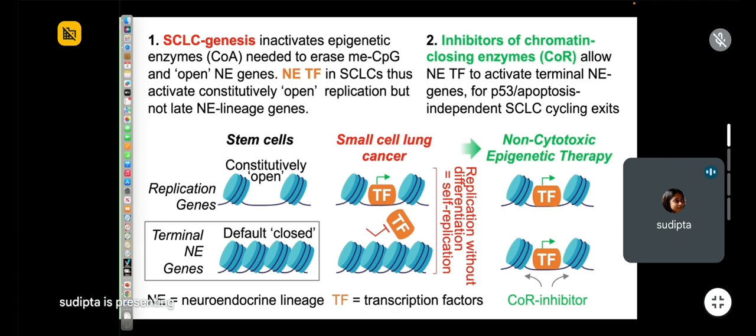So when a transcription starts, you need an open chromatin structure. Then the transcription factor can bind, and then the gene will be expressed. So replication genes always stay on. Housekeeping genes are always constitutively open. But the differentiation gene is not, because you need a particular number of cells to finally mature it.